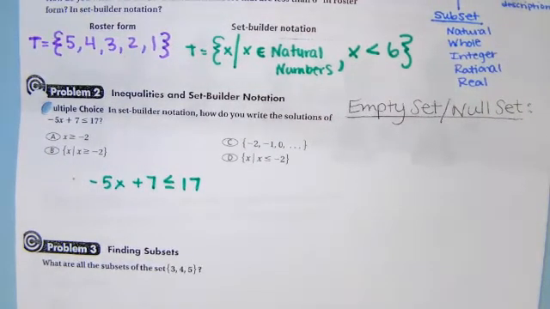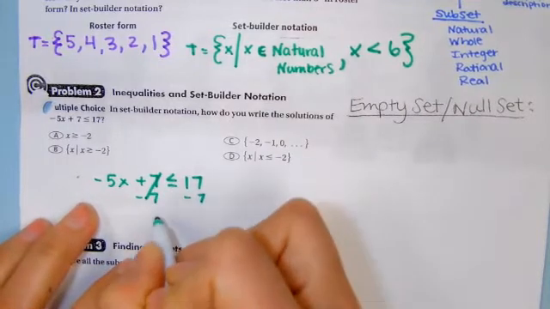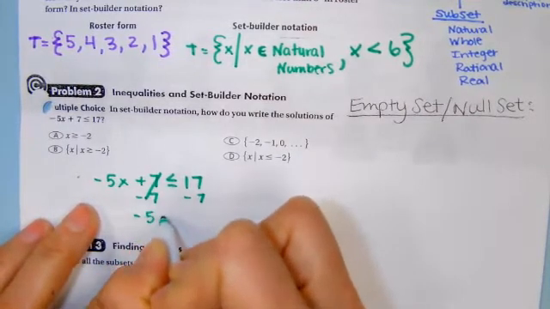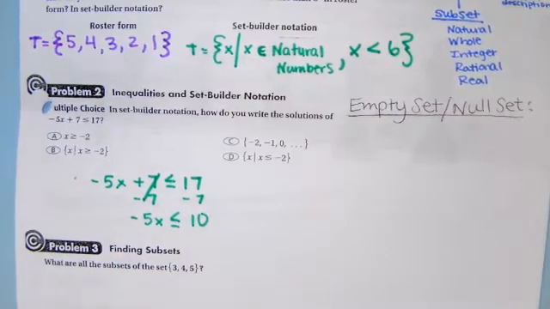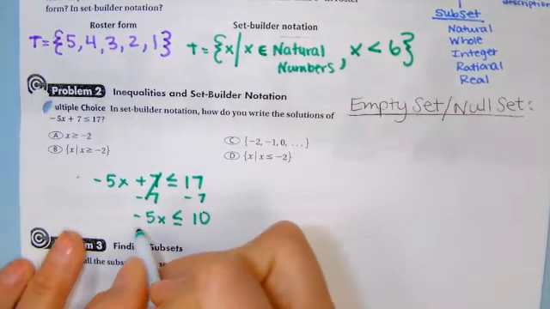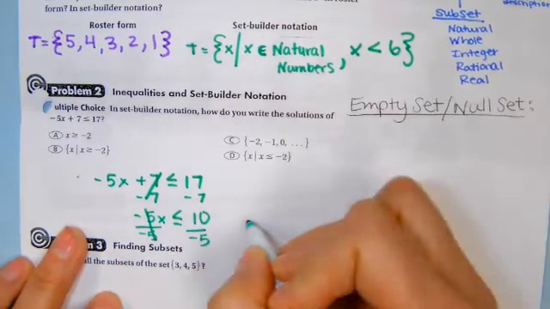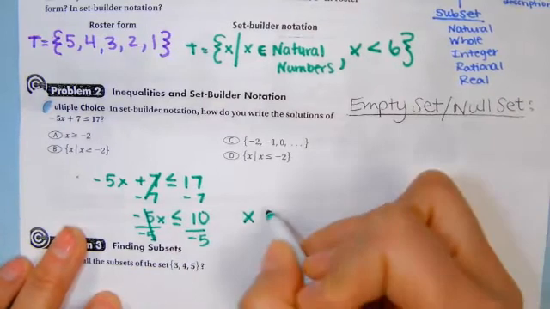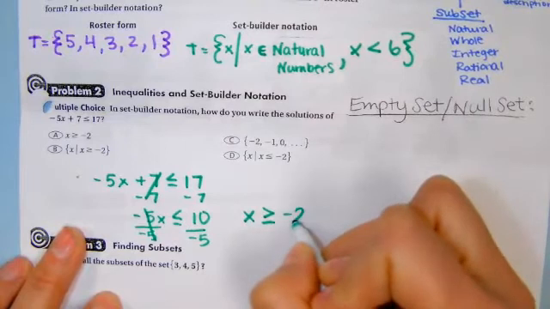So our first move would be to do what? Yes, minus 7. Minus 7 here, minus 7 here. So now we have negative 5x is less than or equal to 10. Divide by negative 5. x is greater than or equal to, we got to flip it, negative 2.